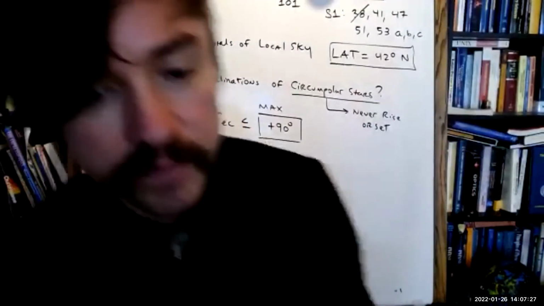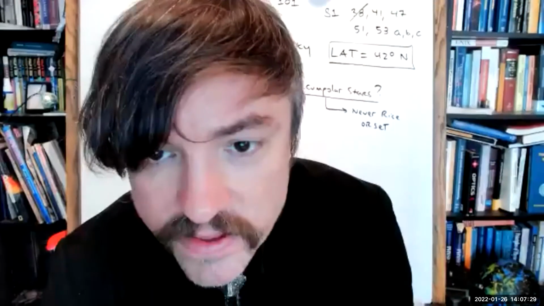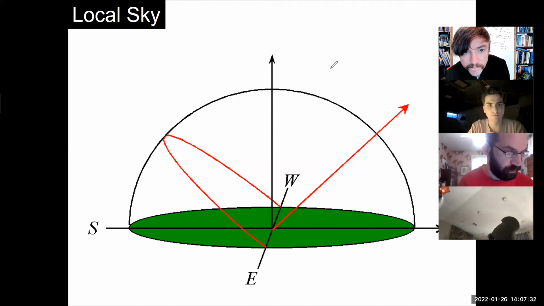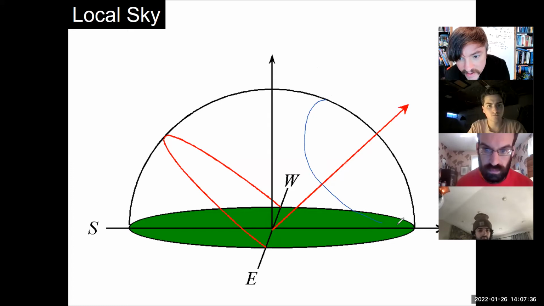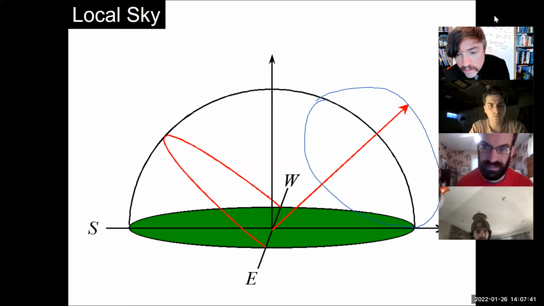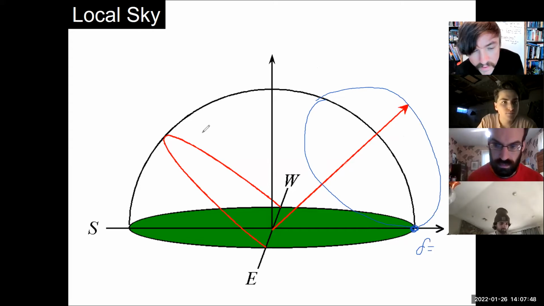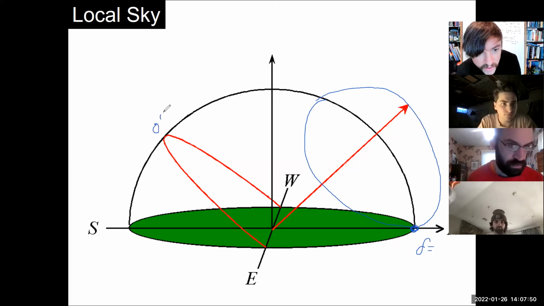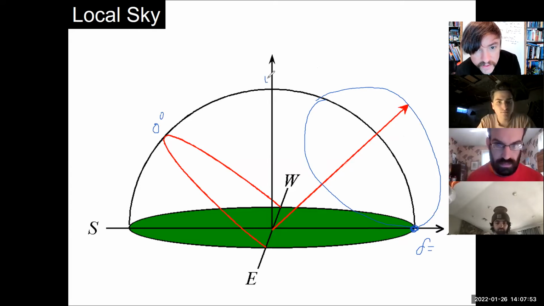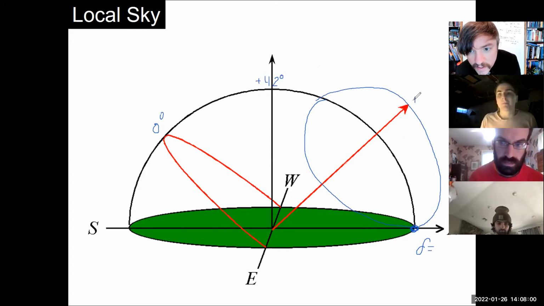So in other words, the last circumpolar star is the one that is going around Polaris, but just grazes against your northern horizon, right? What's the declination of the northern horizon? 0 degrees here, 42 degrees here, positive 42, right? Positive 90.